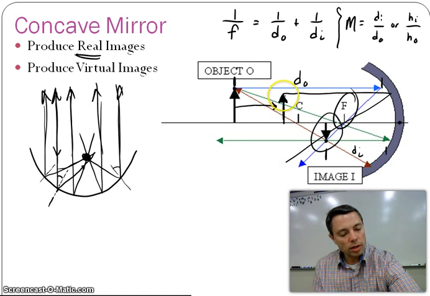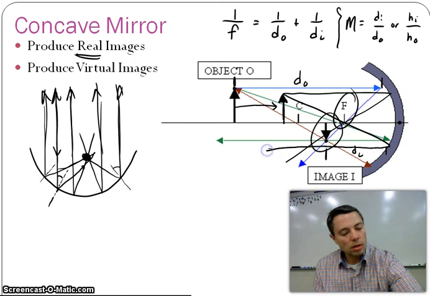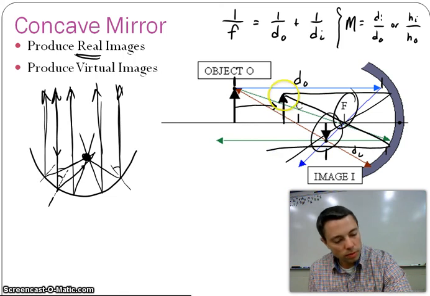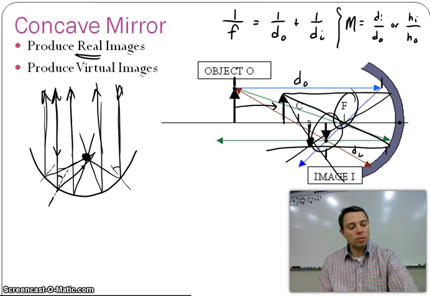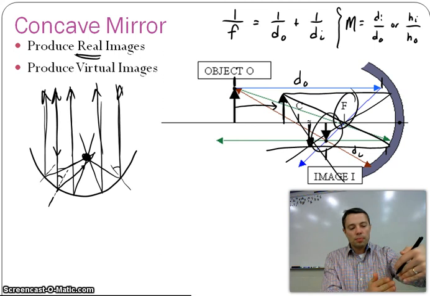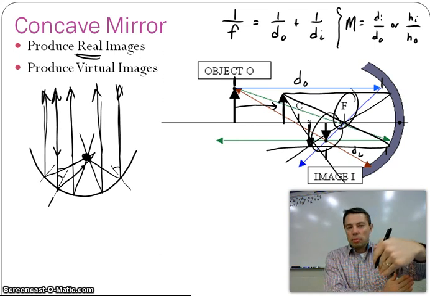My second one goes through the focal point, comes back parallel, and then my third one goes through the center of curvature. And so I'm getting a point over here where my image starts to appear, and my image starts to slide back. And so as I get closer to that center of curvature, I start to match my sizes.